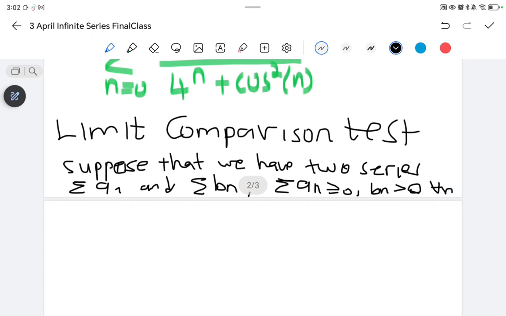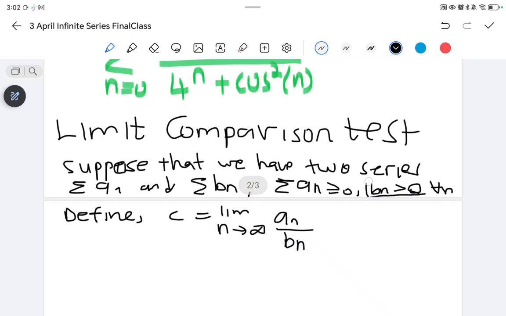Now we define C, which is the limit as n approaches infinity of a of n over b of n. You see why I didn't include 0 here on b of n, because b of n is in the denominator, so we cannot allow it to be equal to 0.